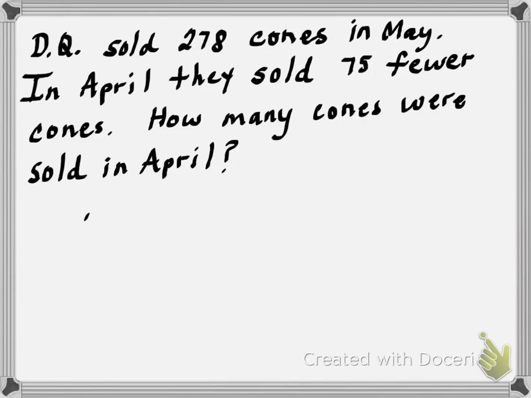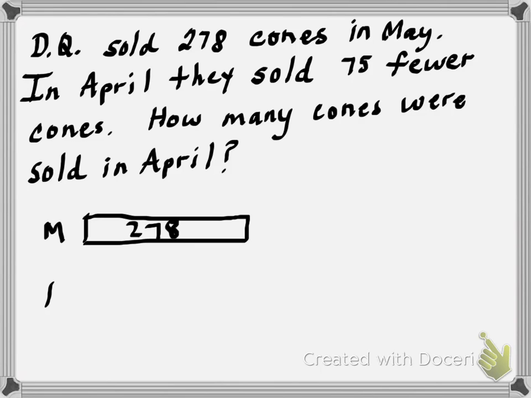So, in May, DQ sold 278 cones. That's what I know. So that's going to go into my first bar. In April, they sold fewer cones. How much fewer? 75 fewer. I know that there are 75 fewer cones sold in April.